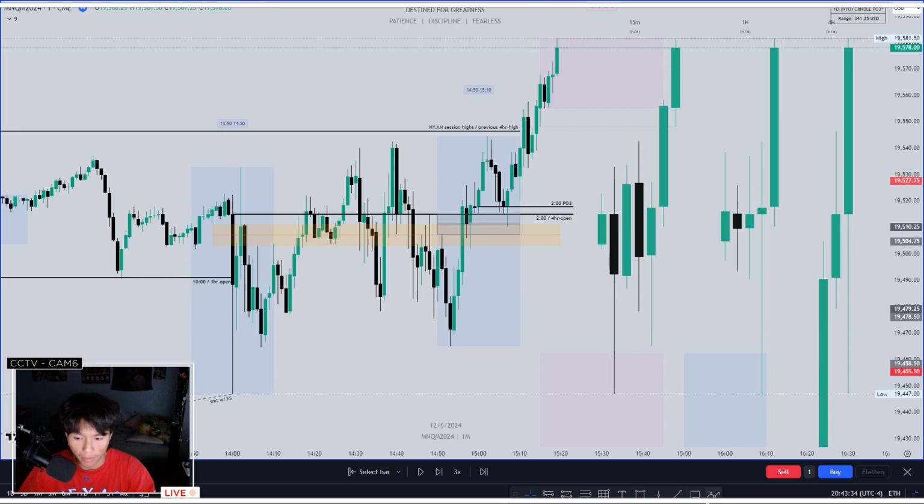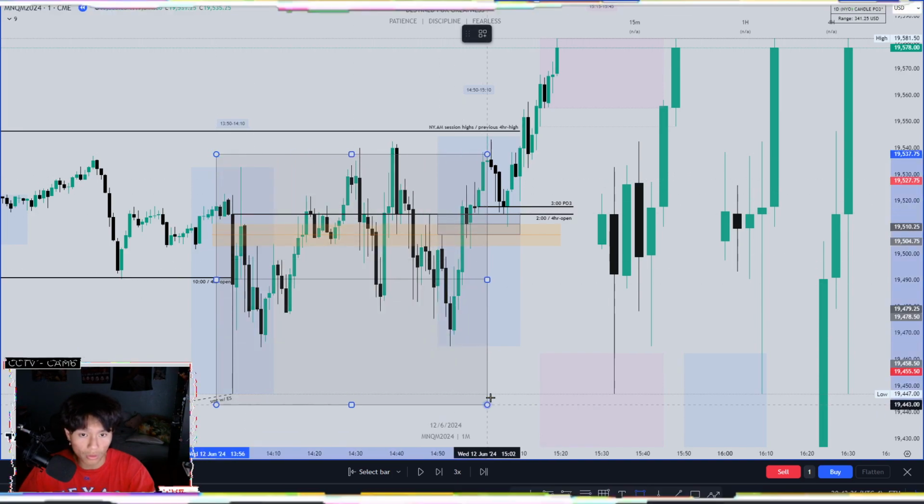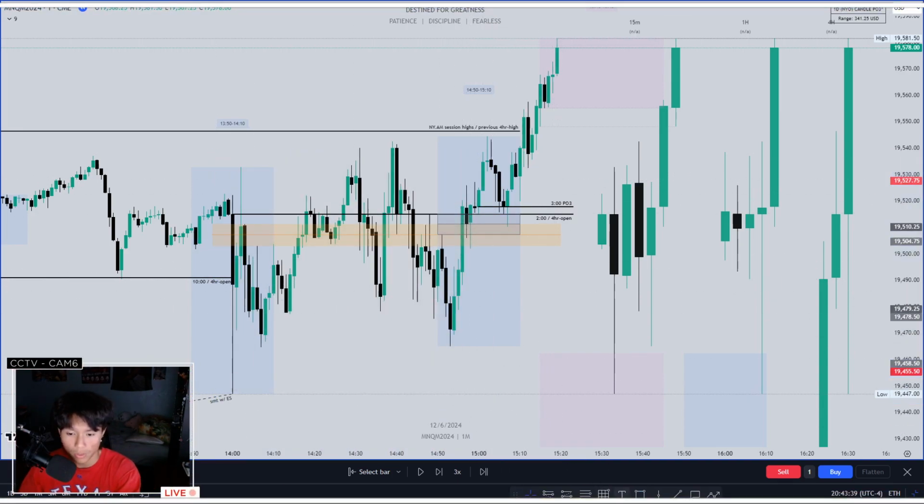Kind of chopped a lot here. This whole thing right here is chopped until we see this move. That move right there with displacement on the 5-minute time frame kind of tells us, hey, we're probably going to run out the session highs now.